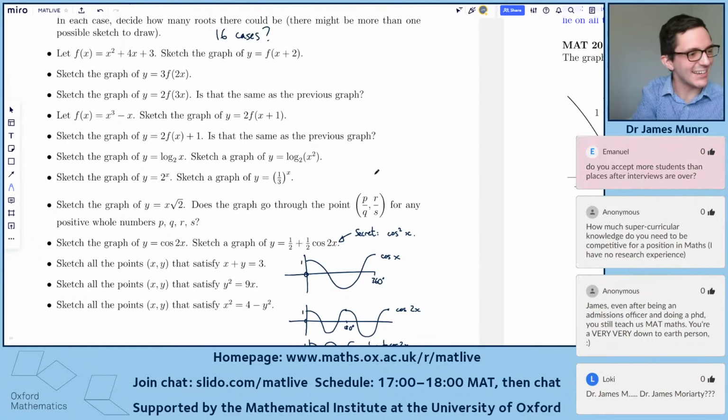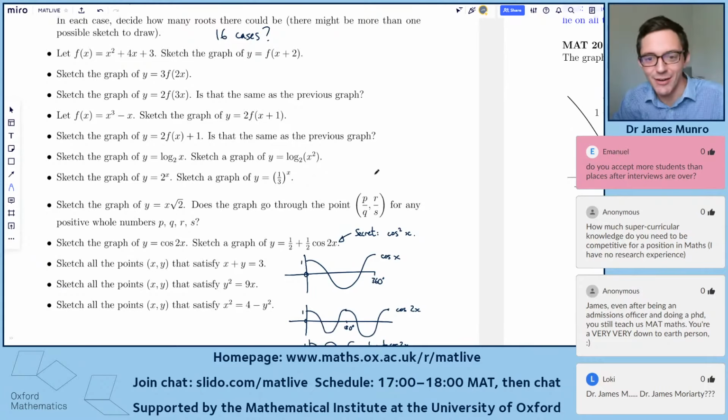Technical admissions question. I love it. What's our cover ratio? Emmanuel wants to know. Our cover ratio is about 1.1. We make slightly more offers than places. Last year we trimmed it a little bit because we thought that people were going to make their offers more this year, and we were correct.